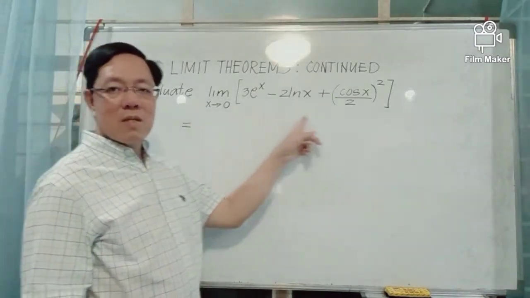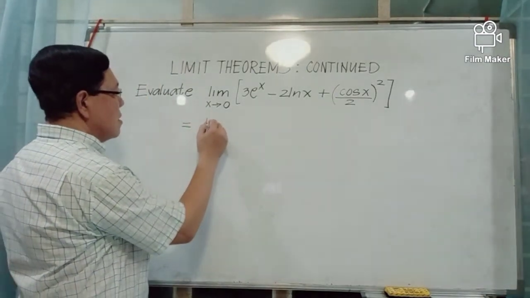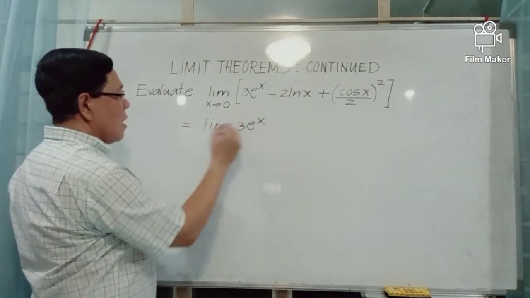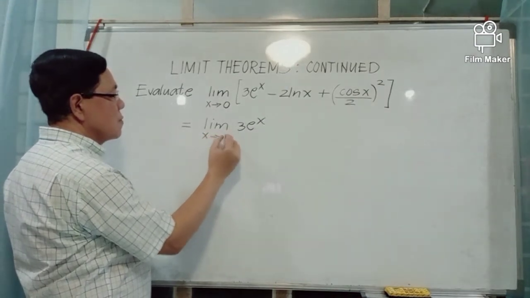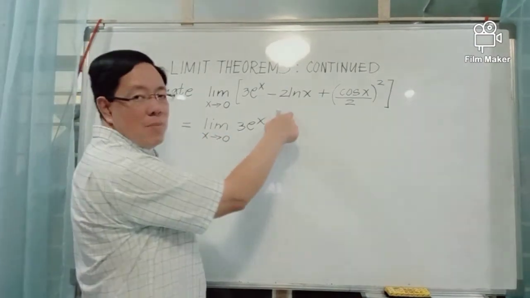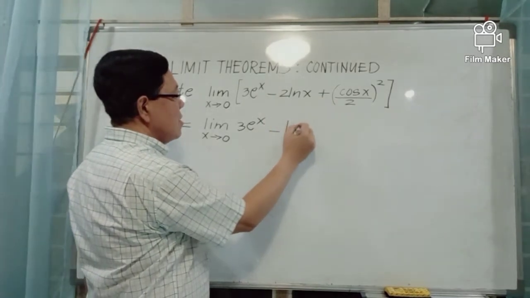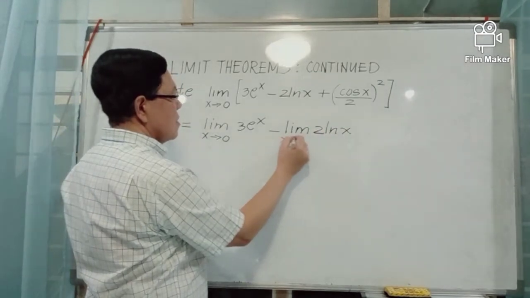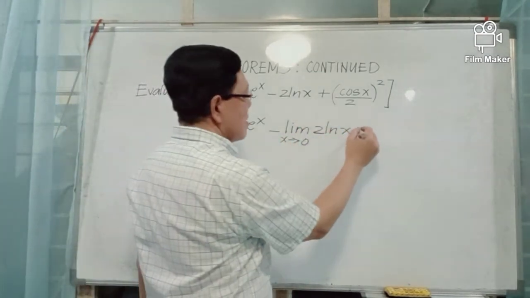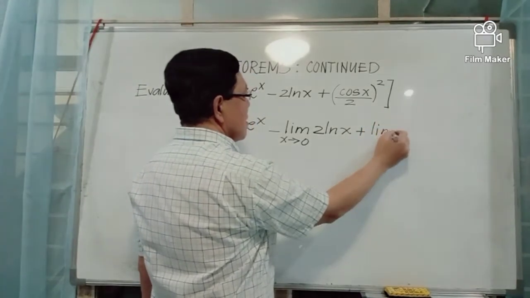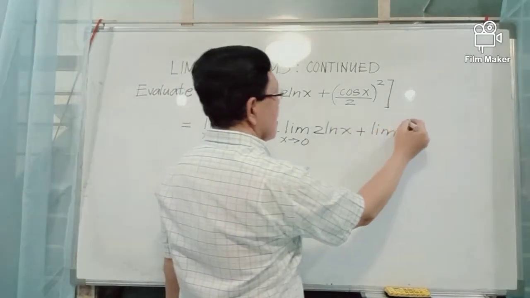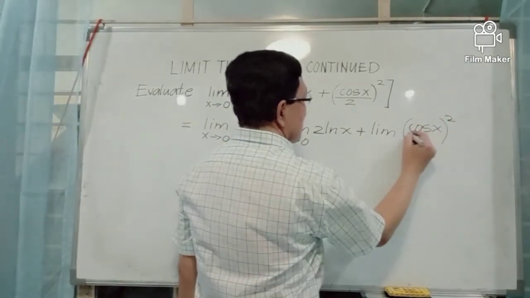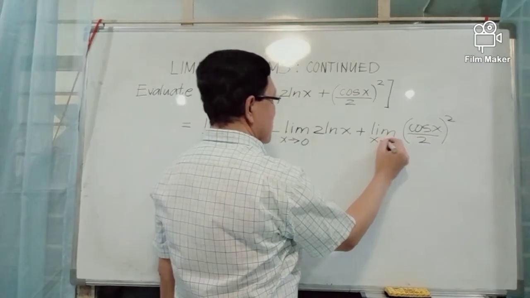Hence, the limit of this is equal to the limit of the first function 3e to the power x as x approaches 0, minus the limit of the second function, the limit of 2 ln x as x approaches 0, plus the limit of this third function, cosine x over 2 squared, as x approaches 0.